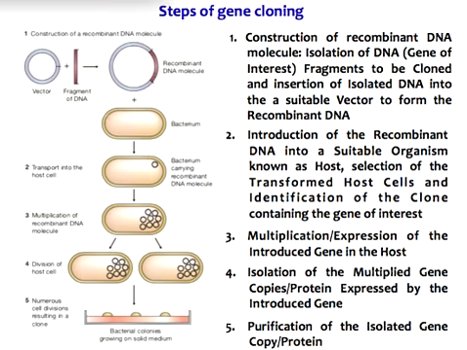Now let us move to the steps of gene cloning in brief. In the first step, you construct a recombinant DNA molecule by taking your gene of interest out and identifying a suitable vector. You put them together in the presence of a set of enzymes. Later you'll come to know what enzymes are required for performing this step. In the second step, you introduce this recombinant DNA molecule, now called a construct, into a suitable host.